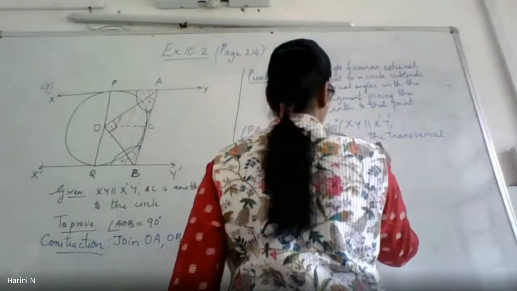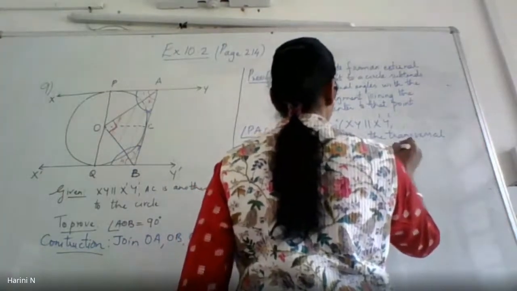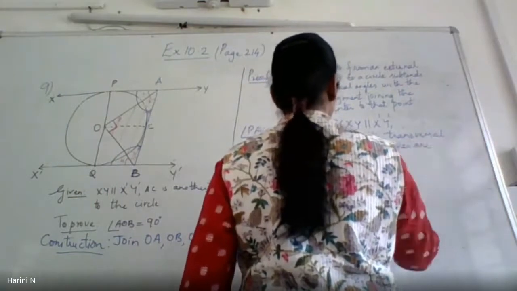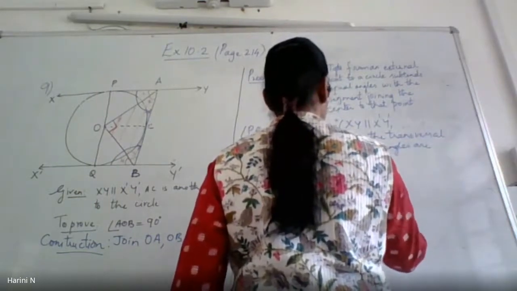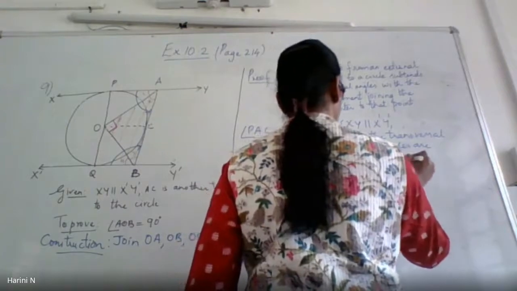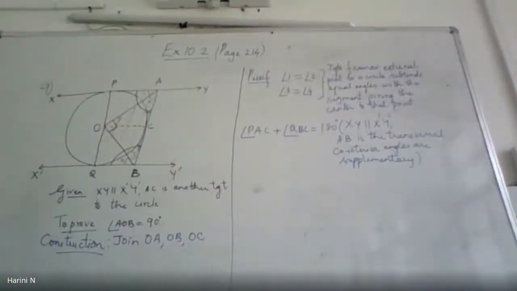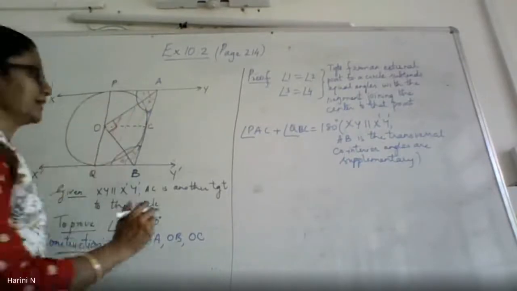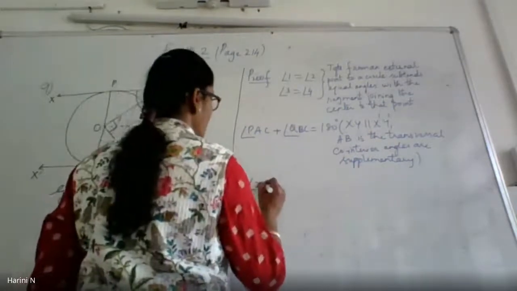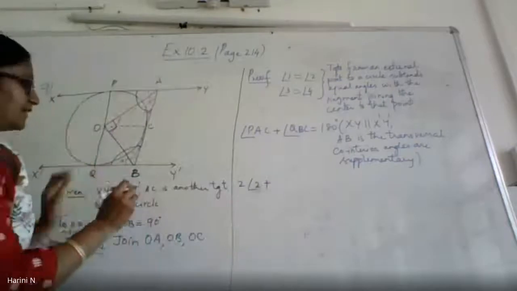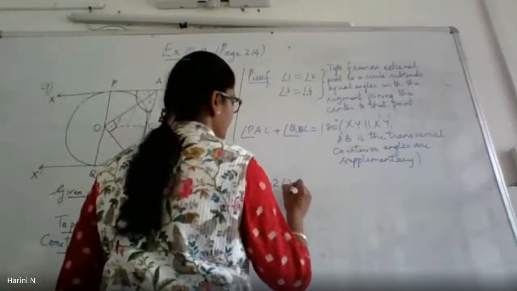Co-interior angles are supplementary. Okay, that is the reason you will have. So I can write PAC as 2 times angle 2 and QBC as 2 times angle 3.